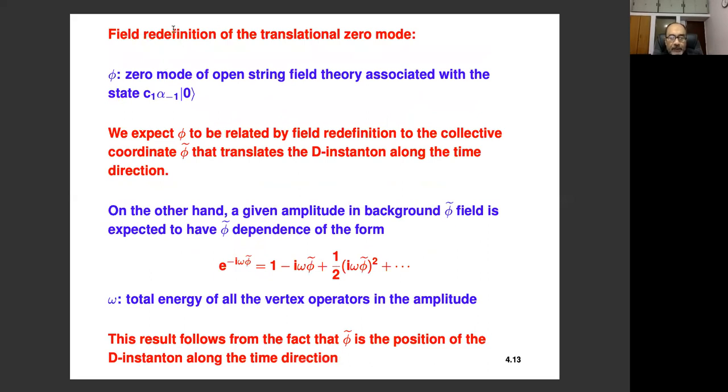So next we consider the Jacobians. Okay, so first let's look at the field redefinition of the translational zero mode, and I'll try to explain how this comes about. And I should emphasize that even though I'm discussing this in the context of two-dimensional string theory, this is generic to all instantons.